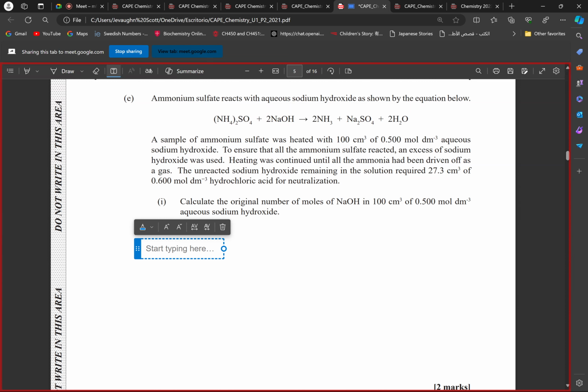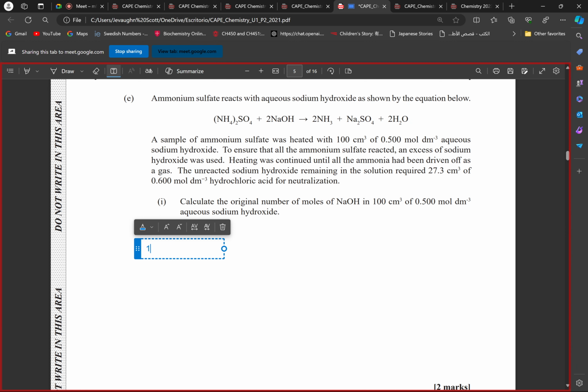1 dm cubed, mole is equal to... You can say 1 sometimes. 1 dm cubed of ammonium sulfate contains... Okay, what are you trying to do? No, like what is the step?